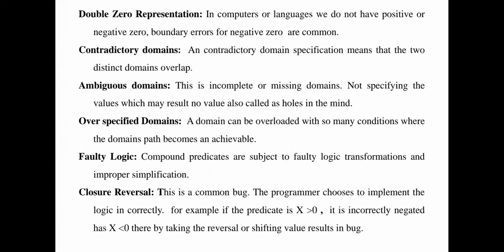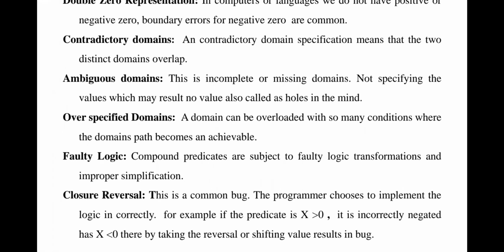Next one, over specified domains. A domain can be overloaded with so many conditions that the domain path becomes unachievable. Generally, we can take compound predicates. That means not only a single boundary can be taken. x greater than 0 is one predicate. We can take another predicate in combination with it, such as x greater than 0 and x less than 0, or x equal to x plus a.